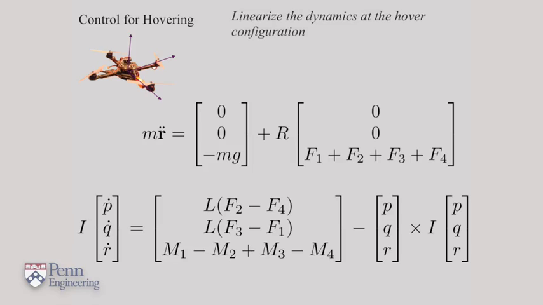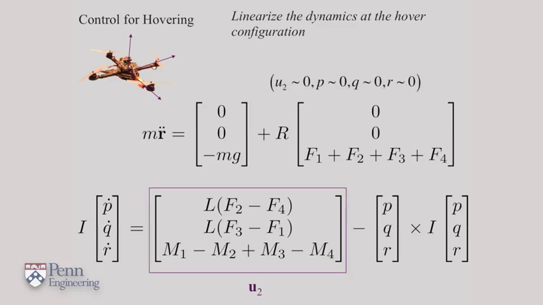We want to look at small perturbations around the hover position. Accordingly, we'll linearize the dynamics around this current configuration. In order for the hover position to be one of equilibrium, the input u2 has to be 0, the rates p, q, and r are equal to 0, and their derivatives are equal to 0.